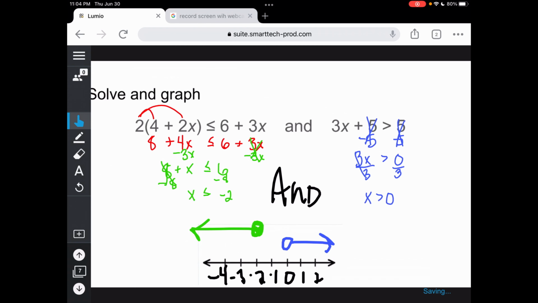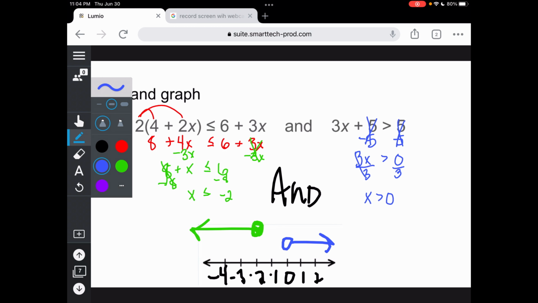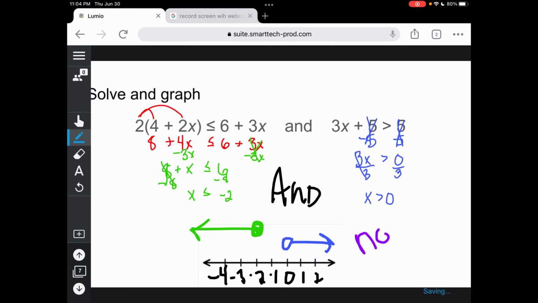Is there a number smaller than -2 and bigger than 0? No, no, no. So what's my solution? There is no solution. None. So no graph. So a blank graph.